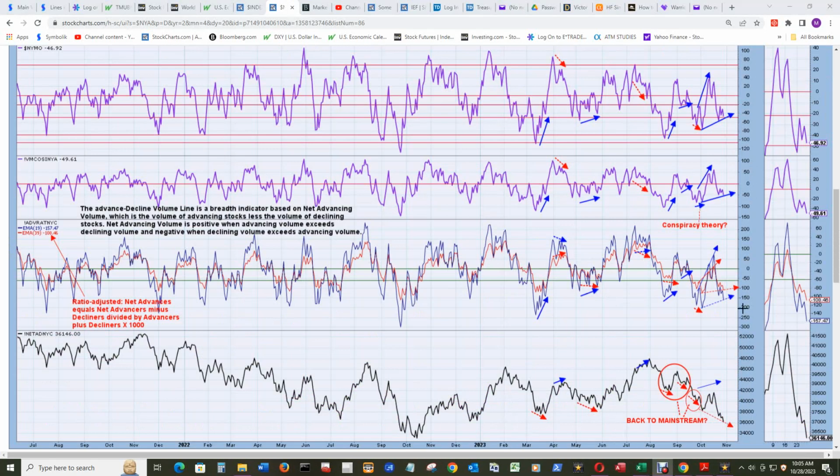So it would be good to monitor these volume oscillators here, the 19 and 39 EMAs, and the McClellan volume and breadth oscillators ratio adjusted for the NYA, to see if they start pointing down to corroborate with price and the AD line.